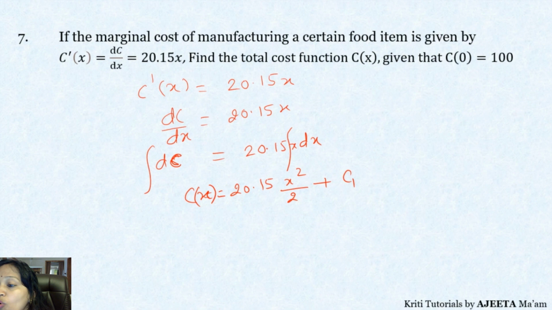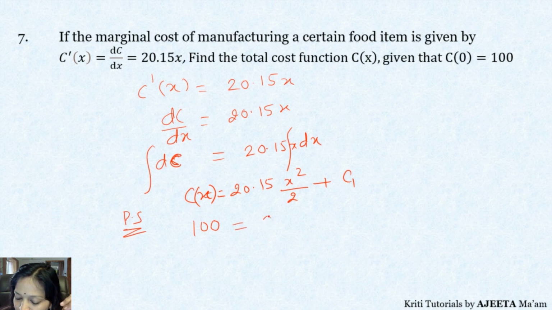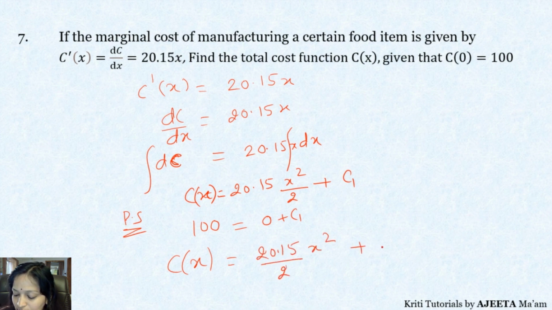Now c0 is 100, because we have to find the value of this constant of integration c1. So c0 is 100. This is the particular solution we are finding, basically when x is 0. So c1 is 100. So what is your cost function? 20.15 x square by 2 plus 100.